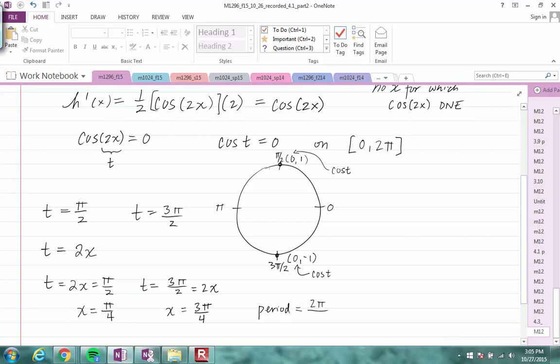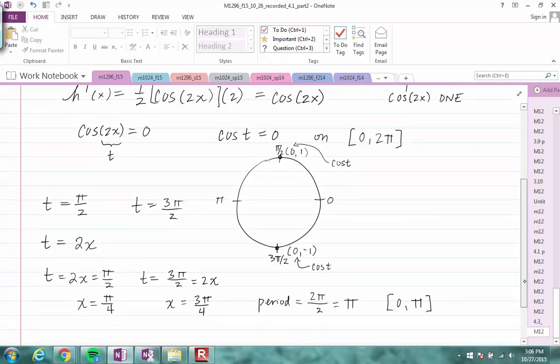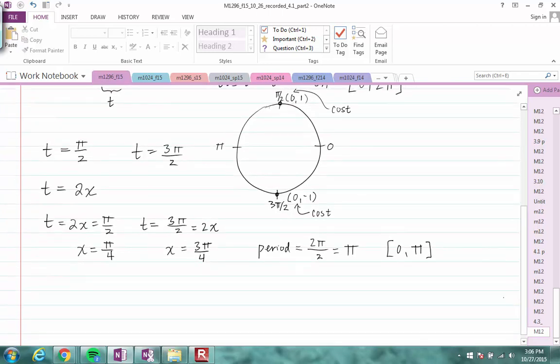So whatever number is in front of x, you divide the period of the normal base function of cosine, which is 2 pi, by that number. The number in front of x is the 2 in 2x here. So this is now on a period of 0 to pi, for x equals pi over 4 and 3 pi over 4.